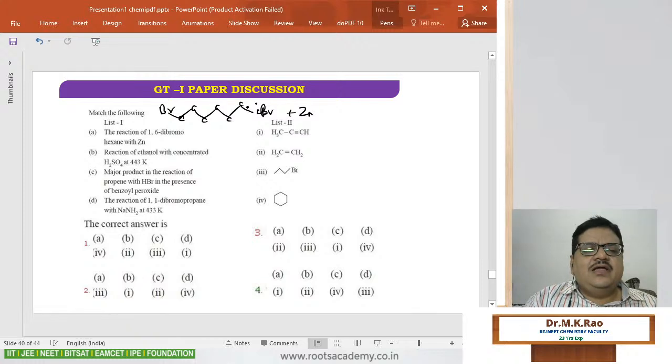It is a free radical mechanism. Counting carbons 1, 2, 3, 4, 5, 6, it forms cyclohexane. So A is 4.